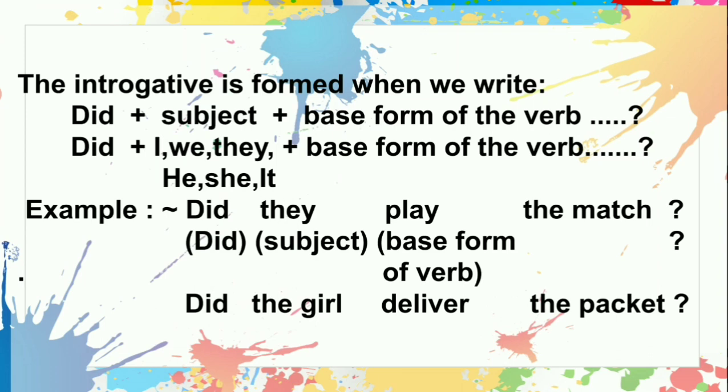Then, did the girl deliver the packet? Here is did, and the subject is girl, and deliver is the base form of the verb, and the packet, and the question mark.